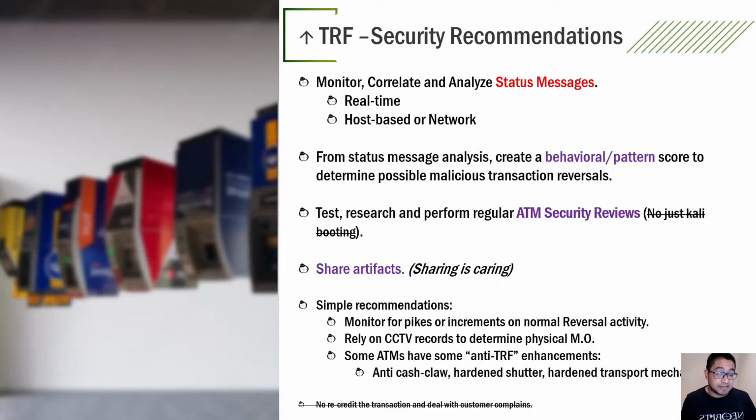And some general recommendations that I have found also is to monitor for increments in reversal activity, so we can differentiate if this is normal reversal activity or fraudulent activity. We have to rely on CCTV records to determine the physical modus operandi, because we can know what they are doing by the journals, we can learn the errors, and we can know something.